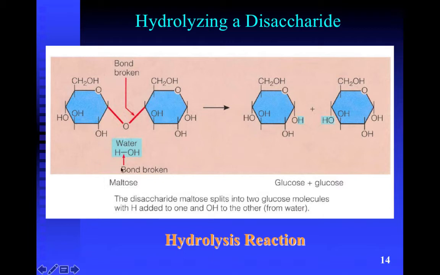So imagine this is maltase. Maltase, the enzyme, actually grabs a water molecule and basically forces it into this glycosidic bond and hydrolyzes it. So this bond is broken. Now you end up with the hydroxyl group here and the hydroxyl group here. You've added water, and now we have glucose, glucose, which can be absorbed. So that's how that works.